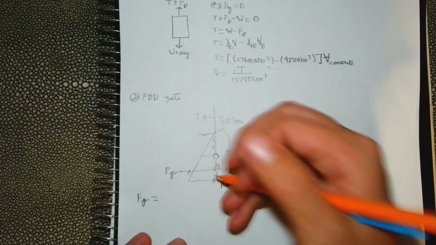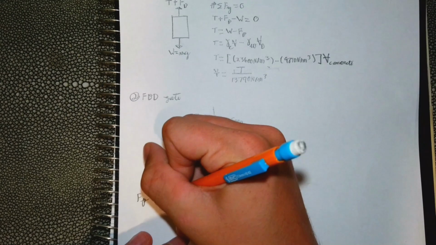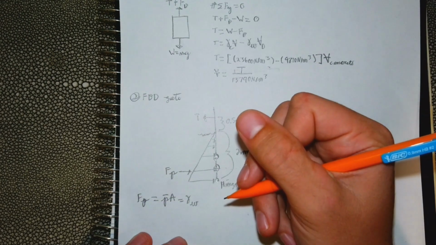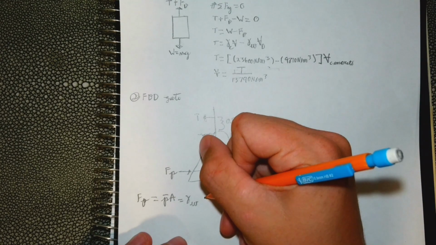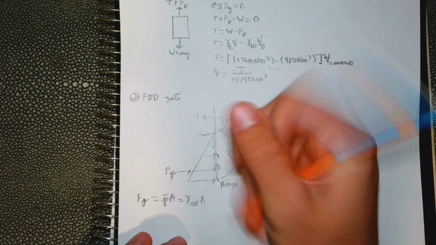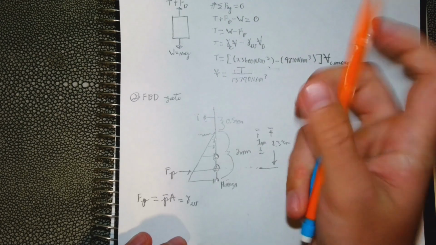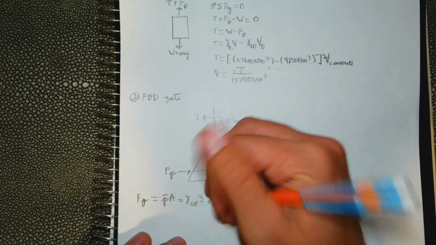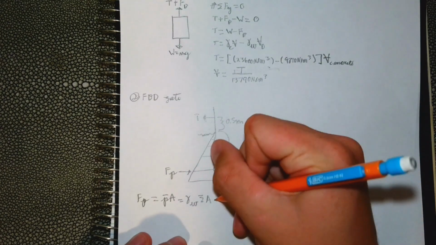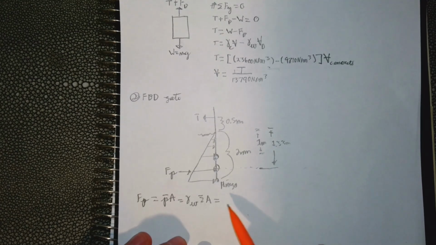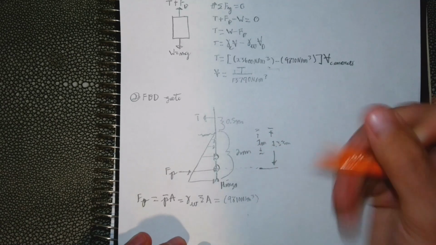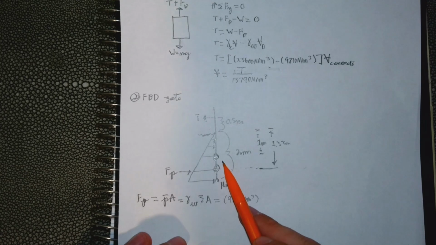So that will equal the specific weight times the height where the centroid is. 1.5 meters?